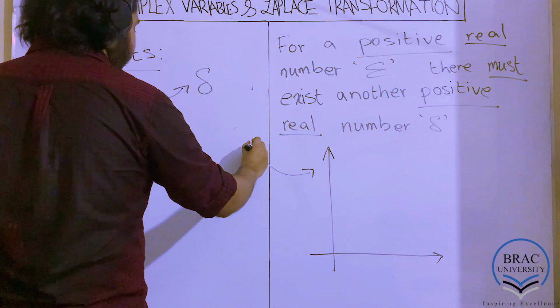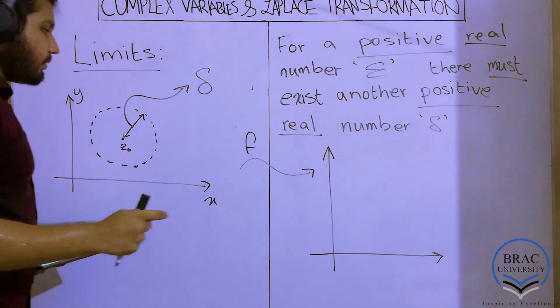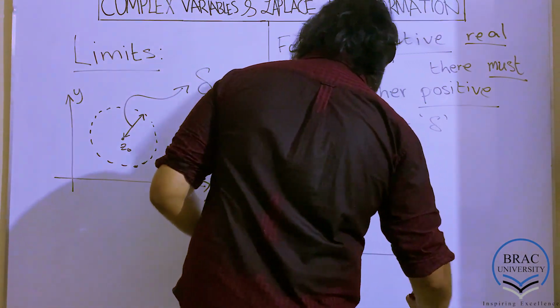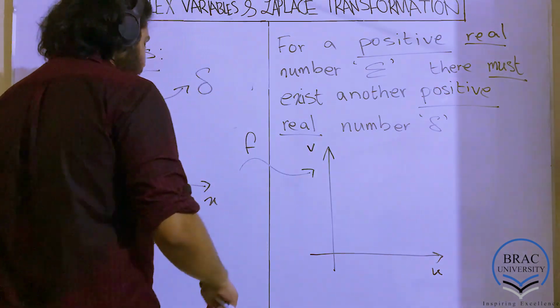So we have our f here, which is mapping our Z to W, where in W we had U as the real part and V as the imaginary part.